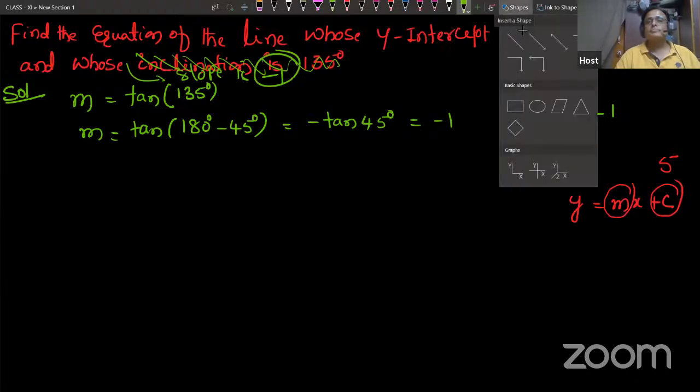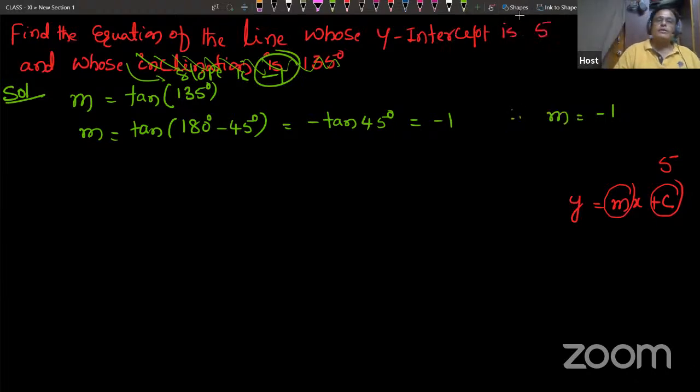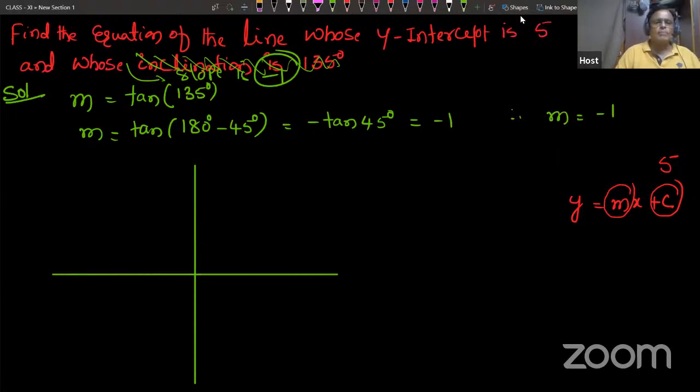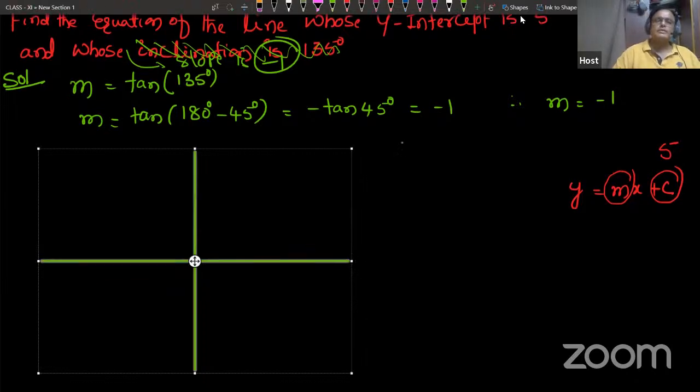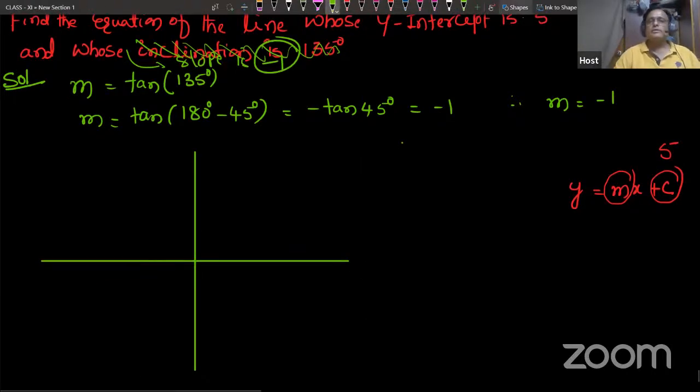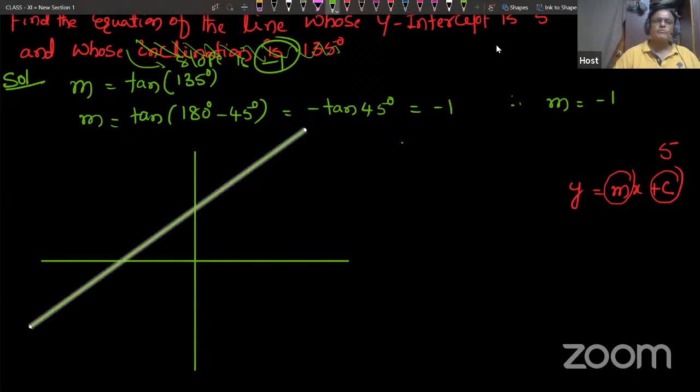Now I'll draw the diagram. Just a simple diagram, a rough diagram only. Look at the x-axis and y-axis, and there is a line. We have to find out its equation.